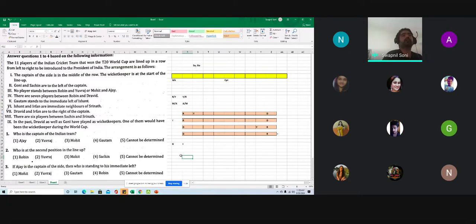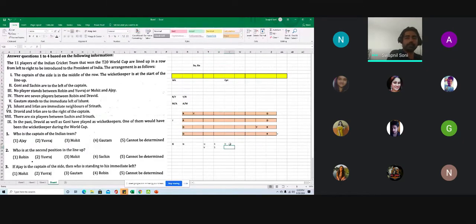Ishant and Irfan are immediate neighbors of Srinath. This is again interesting. I try to see if this is Srinath. I have Ishant over here, Irfan. This is Srinath.